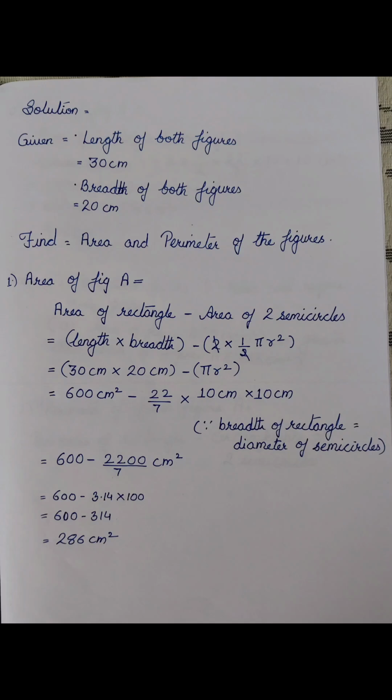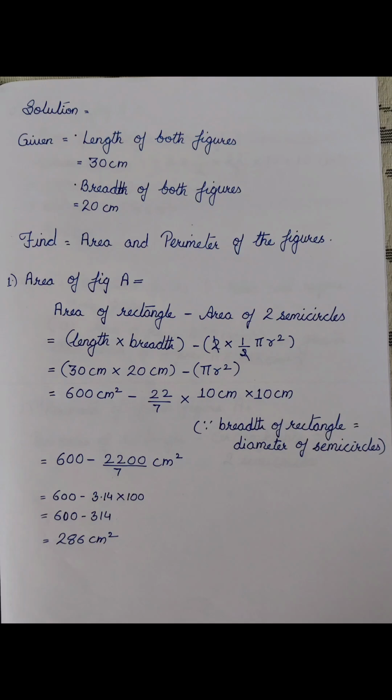So I'm going to substitute the values. 30 centimeter into 20 centimeter will give me 600 centimeter square, minus pi r square, which is 22 by 7 into 10 centimeter and 10 centimeter. Why 10 centimeter? Because the width of the figure, which is 20 centimeter, will become the diameter of these semicircles.